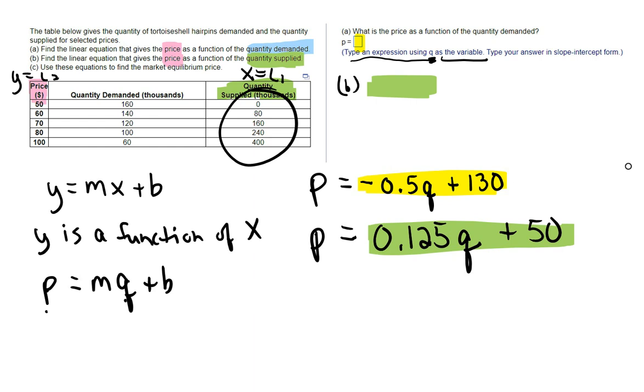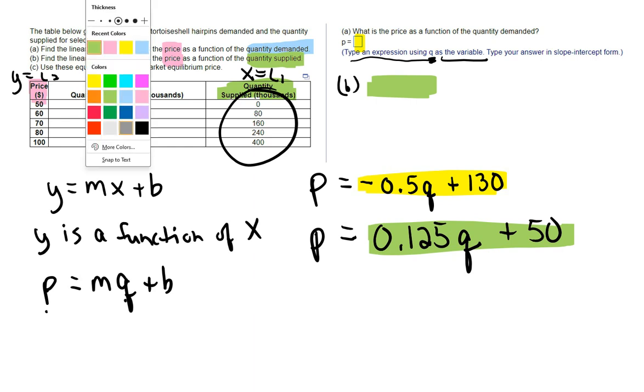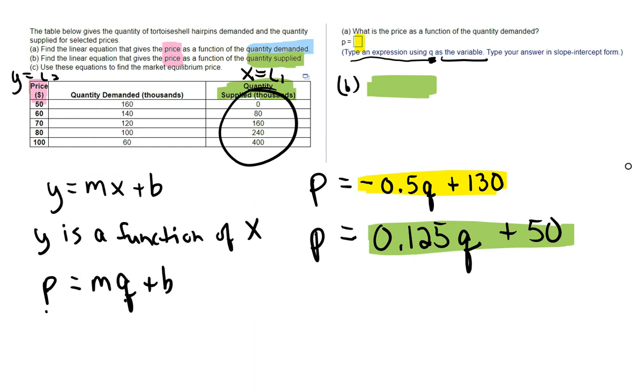And then part C says, use these equations to find the market equilibrium price. Okay, so if P equals that yellow stuff and P equals that green stuff, all I have to do is take the yellow stuff and set it equal to the green.